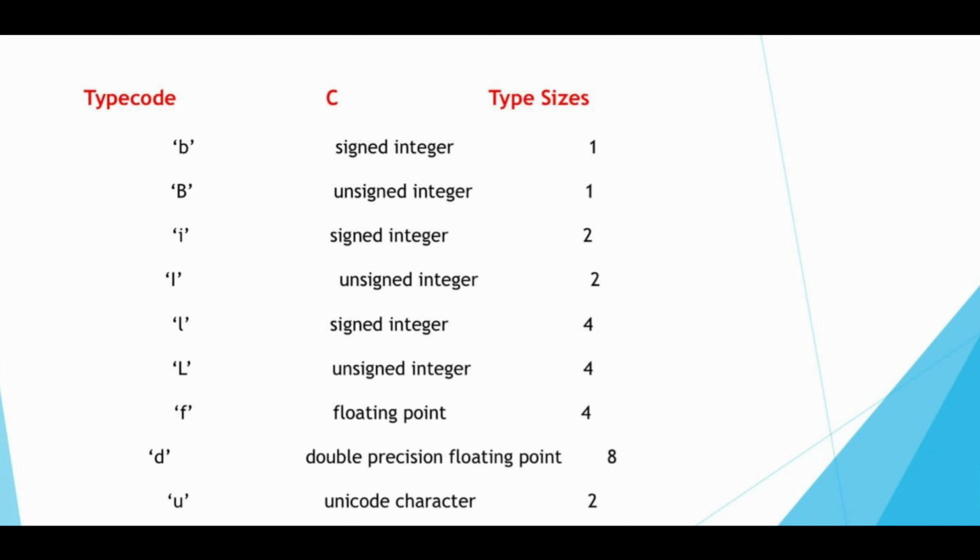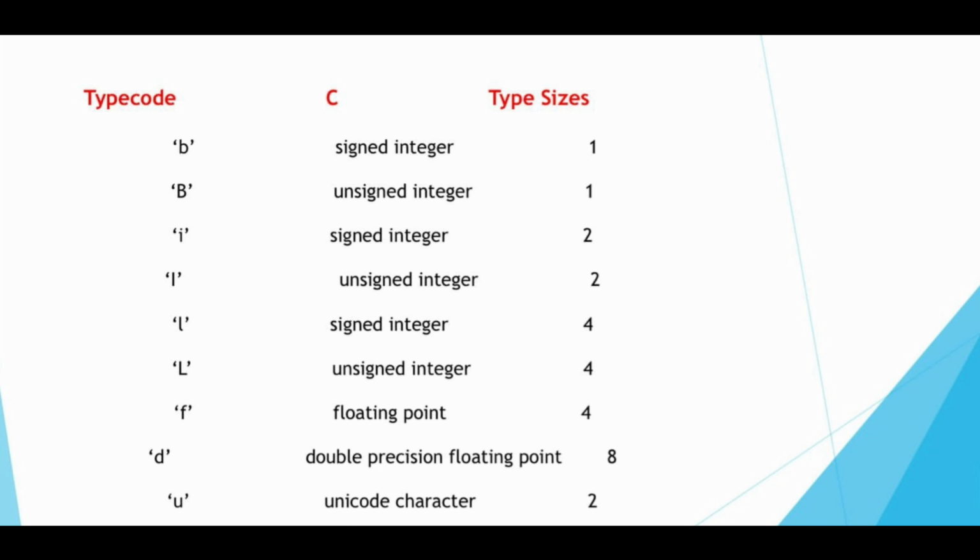D. The type code D is the largest type code that allocates more memory compared to other type codes because it allocates the memory of 8 bytes. So it is double precision floating point. Compared to other type codes, the type code D is the largest memory allocation type code.